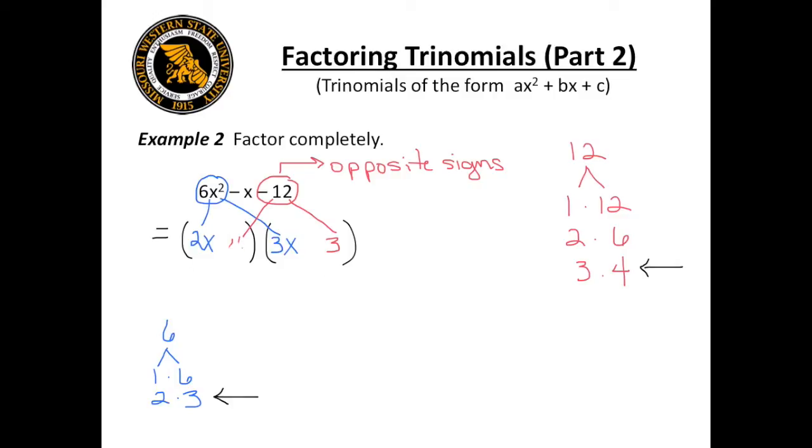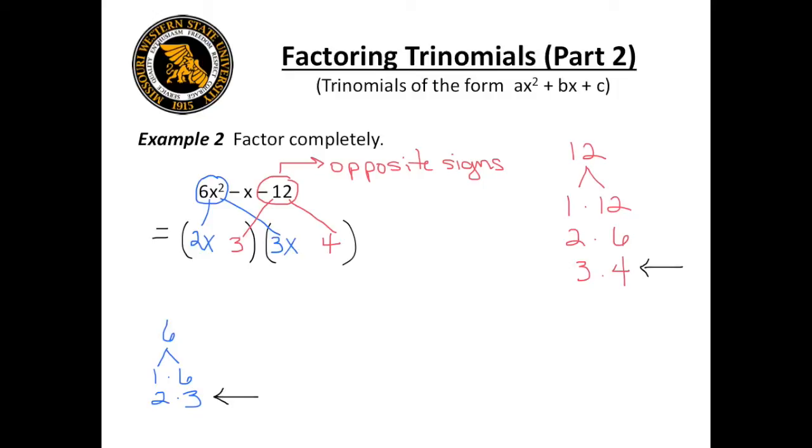So that tells us that we've placed the 4 and the 3 in an inappropriate place. So let's try placing the 4 in the second binomial and the 3 in the first.